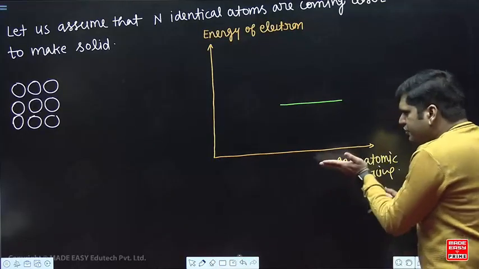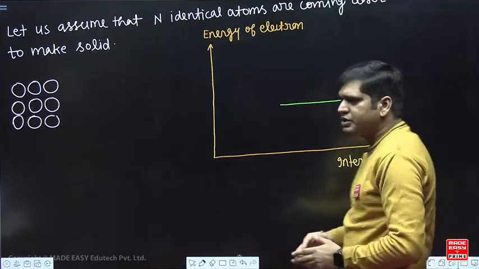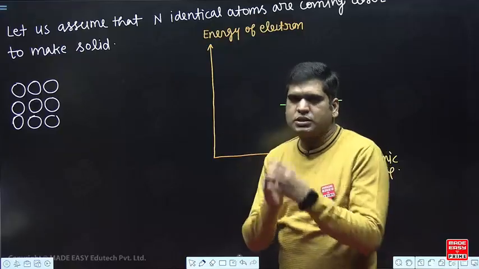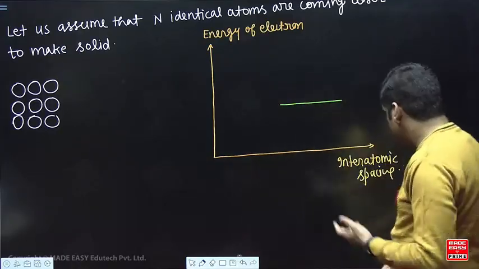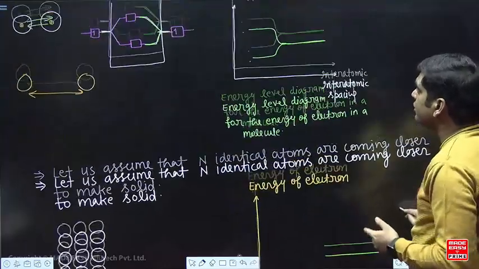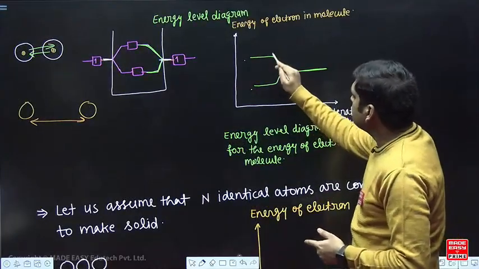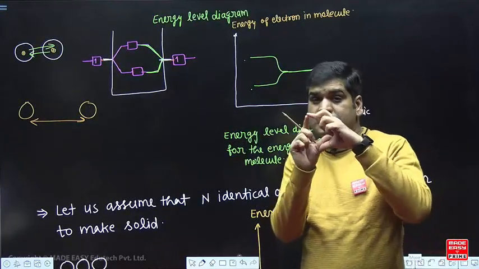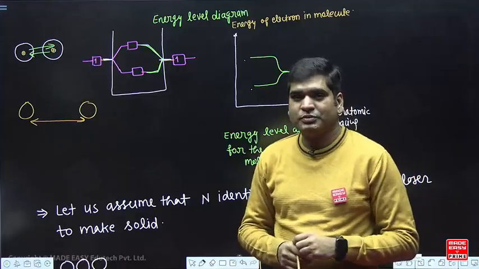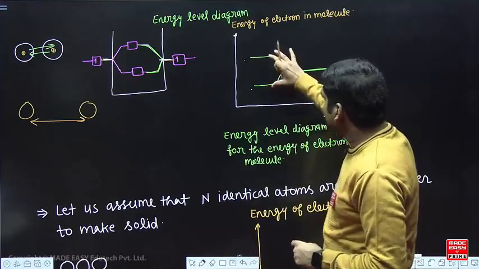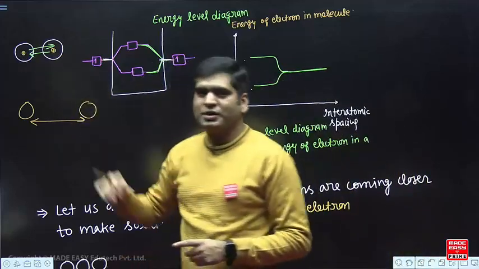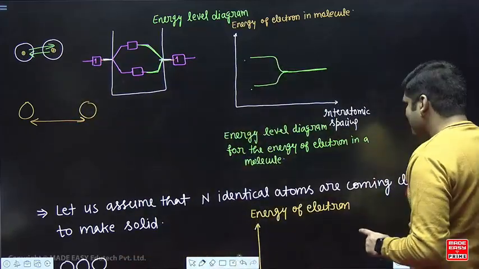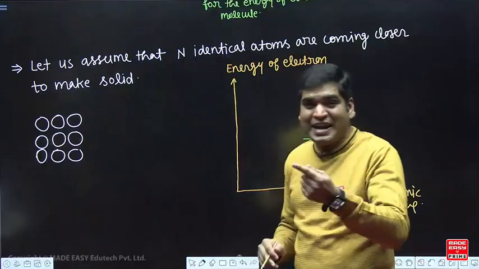Now when we start decreasing the distance between these atoms, हम इनको close लाना start कर रहे हैं. We start decreasing the distance between the atoms. They will start interacting with each other. When atoms start interacting with each other, their energy levels split. So which was a single energy level, it converted into two different energy levels when there were two atoms. But now how many atoms are there? Now there are n atoms.